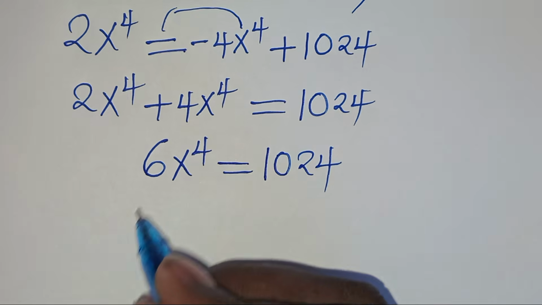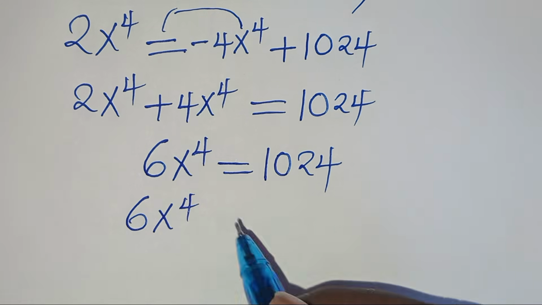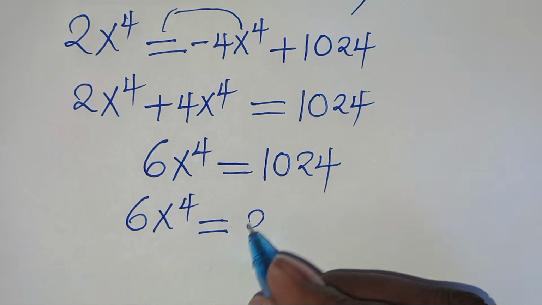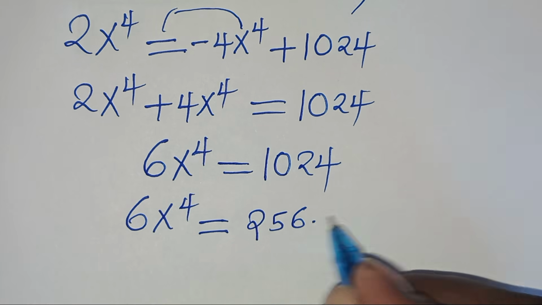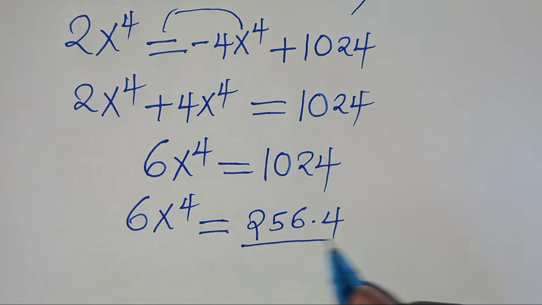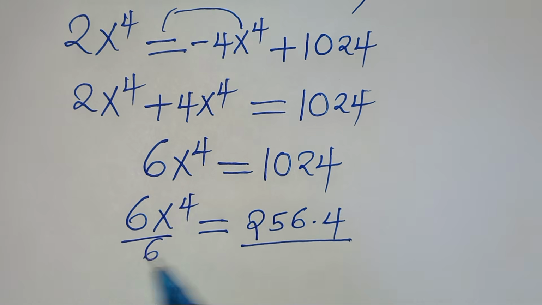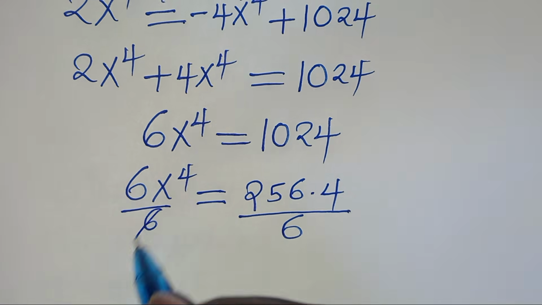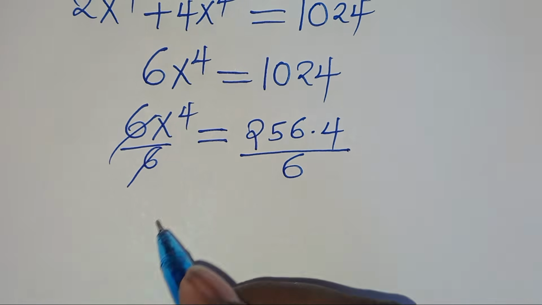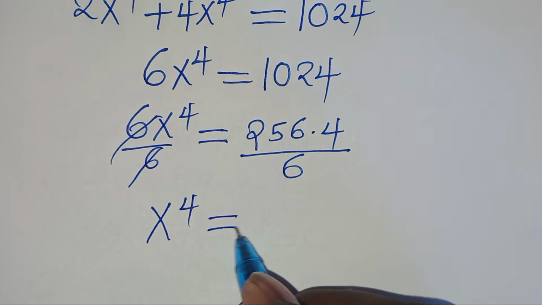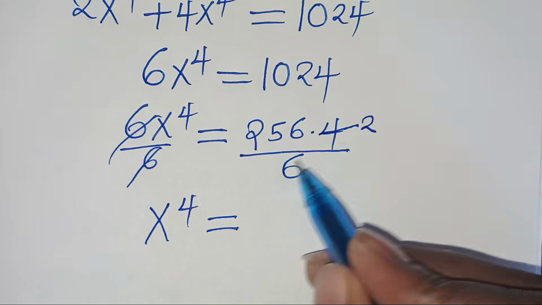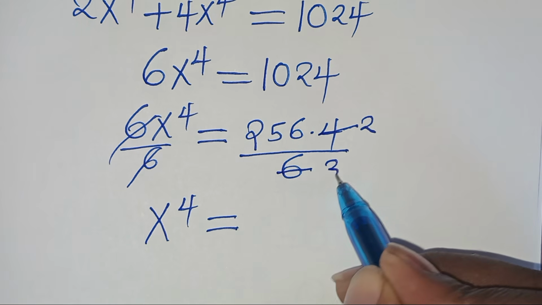Now we have 6x to the power of 4 equal to 1024, which we can express as 256 multiplied by 4, then divided by 6. So that now 6 and 6 simplifies, and this means that x to the power of 4 is equal to, now 4 divided by 2, this is 2, 6 divided by 2, this is 3.